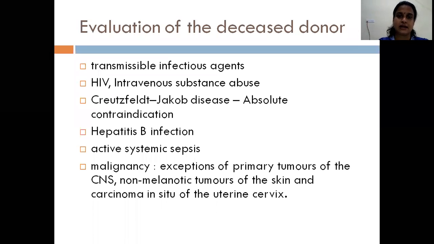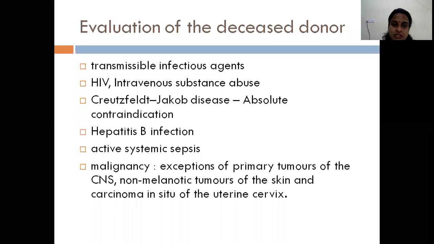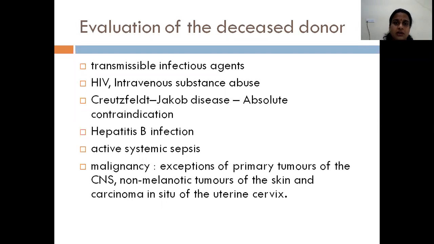Okay, so that is a rare condition. You can have an exception then. Now, Creutzfeldt-Jakob disease is an absolute contraindication. You are not supposed to take out organs from such a patient. Hepatitis B, active systemic sepsis, systemic infection. In our case, abdominal infections, if any, are contraindicated for donation.